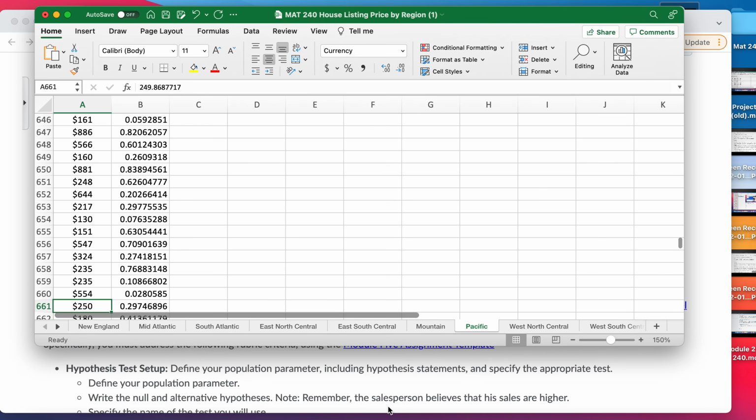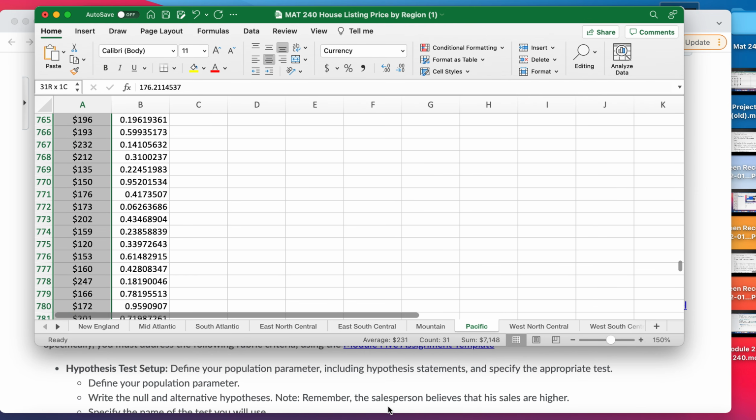Okay, so we're almost down here to 750. I am just going to use this one page to do all my work. So now that I'm at 750, what I'm going to do is I'm just going to delete the rows 751 through the end. I think there's about 1,000 numbers in the Pacific region.